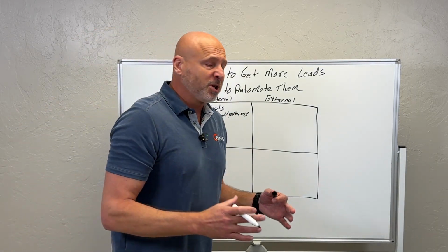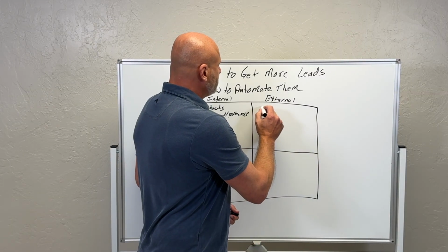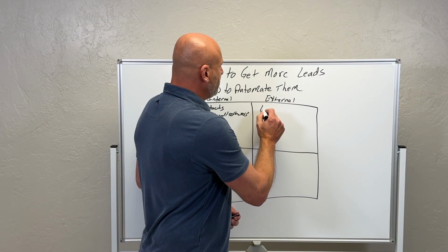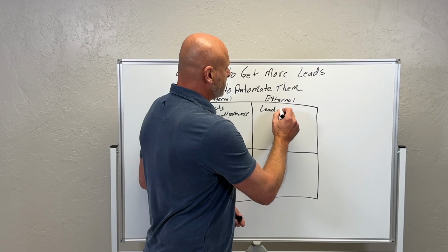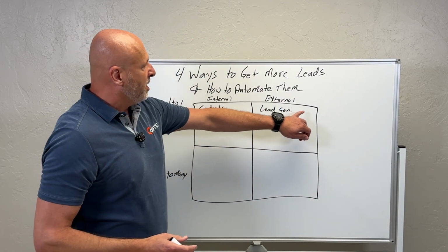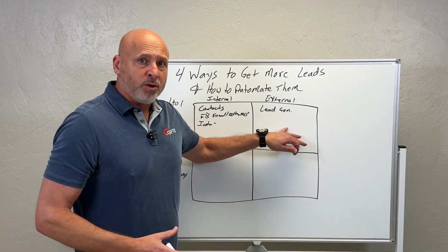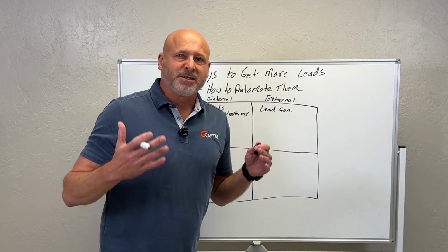Now, your external contacts are going to be people like leads that have come into your system. So these will be lead generating contacts. These are people that you don't know, that you do not have a direct connection with.